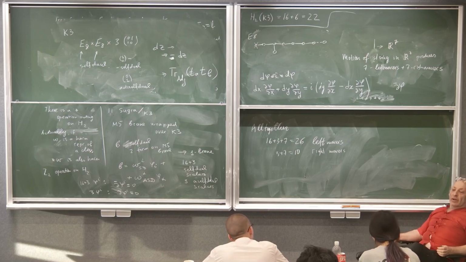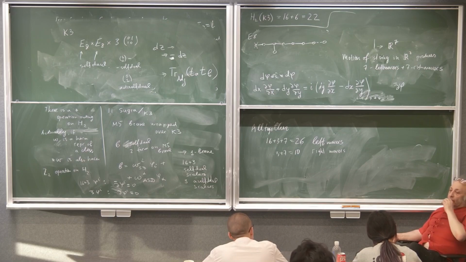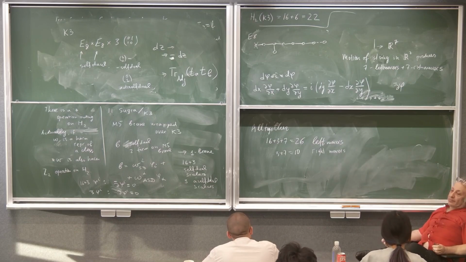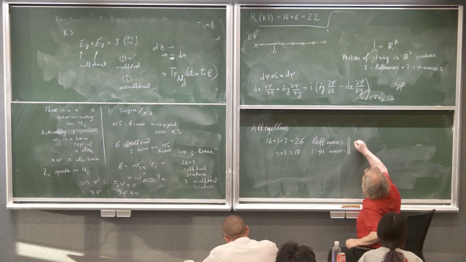It's a string in which there are 26 left movers, and that is the critical number for the bosonic string, and 10 right movers. So it is a heterotic string.